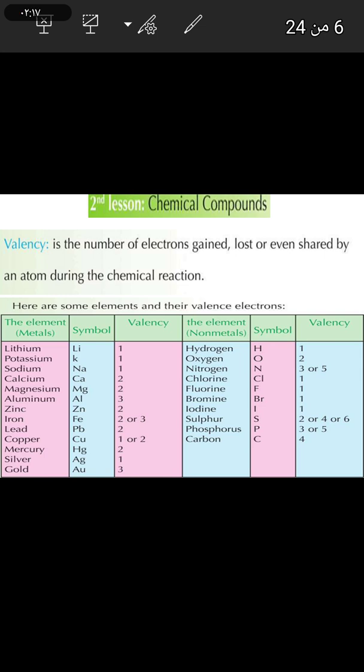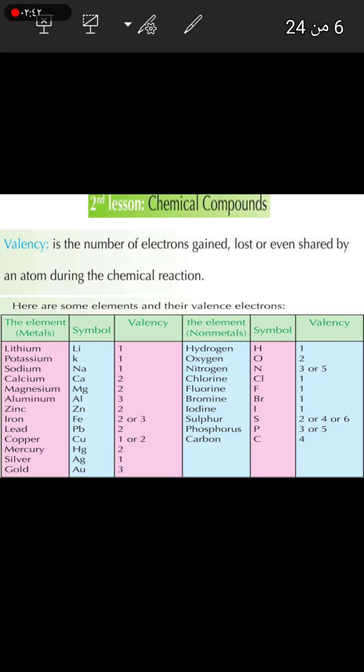When you look at this table, you will see some elements like iron, copper, nitrogen have more than 1 valence. So when you look at the iron, for example, its valency is 2 or 3. What is the meaning of this valency?